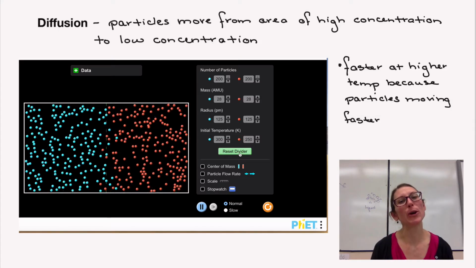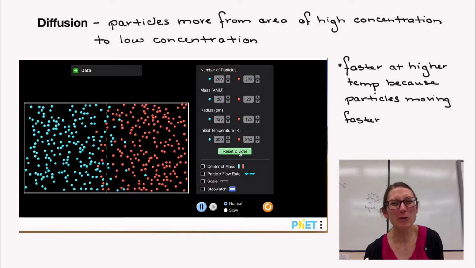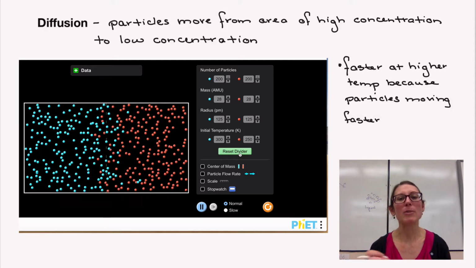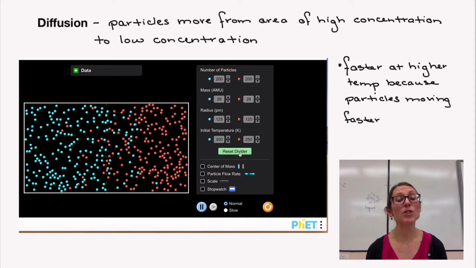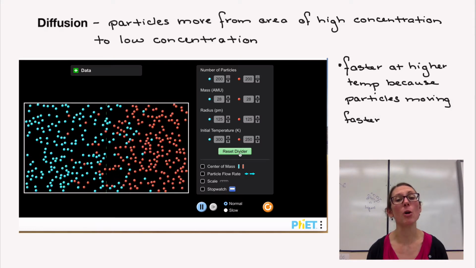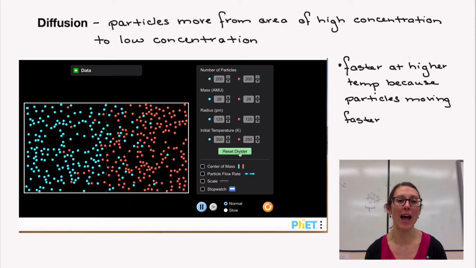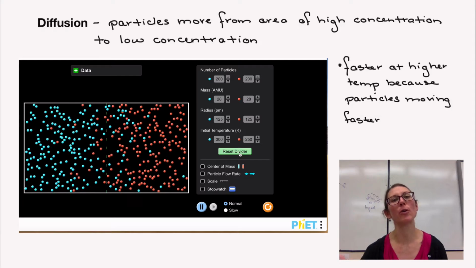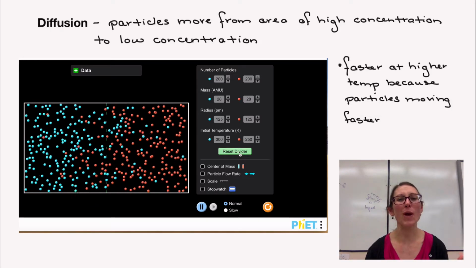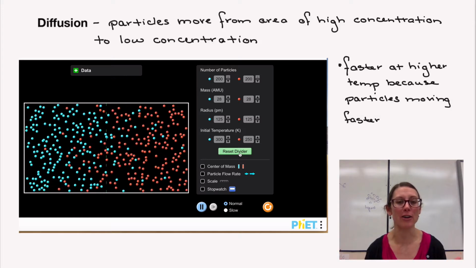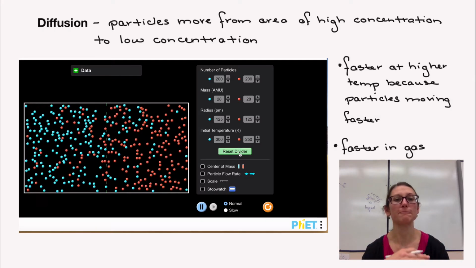You'll notice the blue particles are trying to diffuse, but it's harder for them to get over. It's harder for them to move because there's so many more particles. And so typically we see that diffusion is slower in a liquid and faster in a gas, because in a gas those particles are more readily able to actually move through the space. There's not quite as many collisions to block their way.